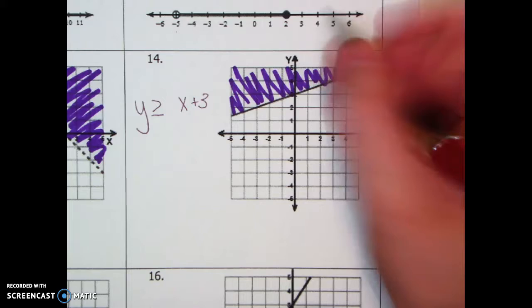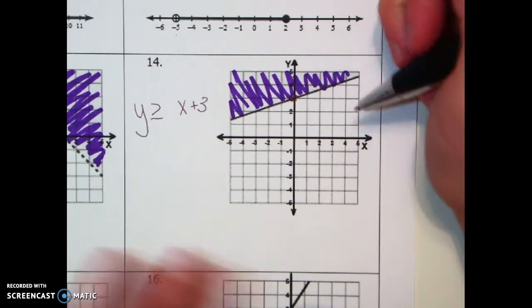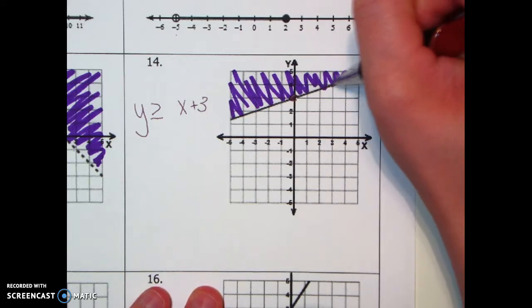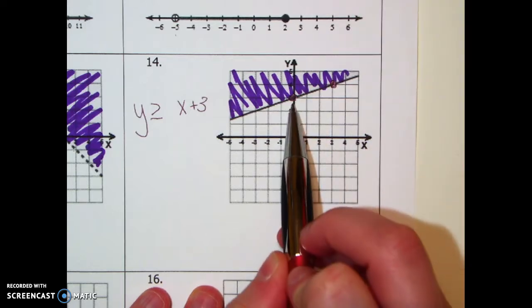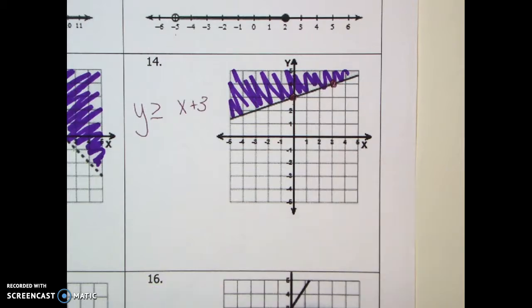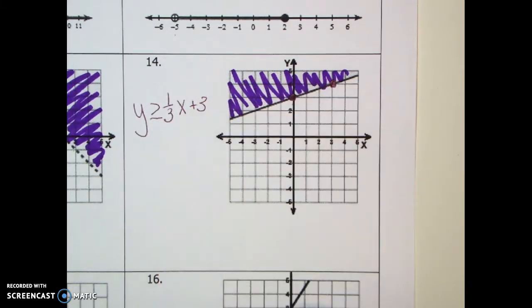To figure out the slope, I put a dot at the y-intercept, and let's see, it's kind of shaded. It looks like it crosses right there. So I go up 1 over 1, 2, 3. So my slope is 1/3. Okay, that's not that bad, I hope.